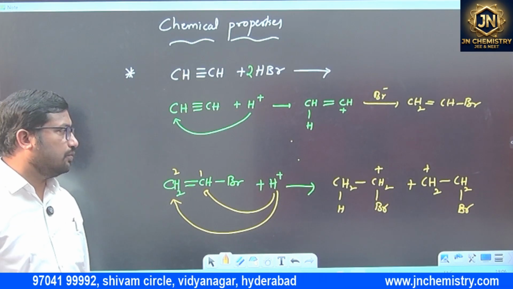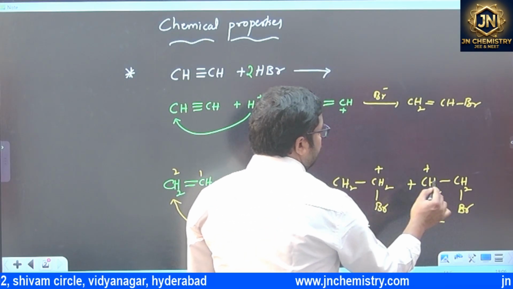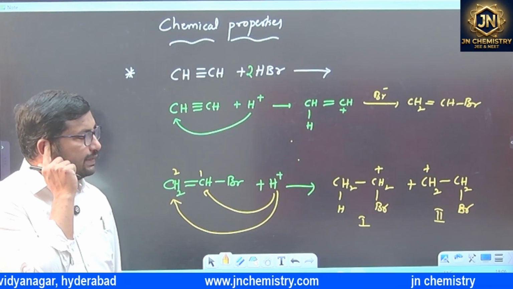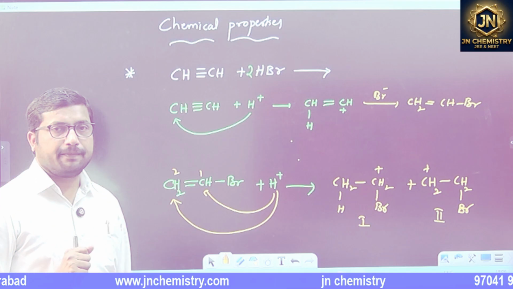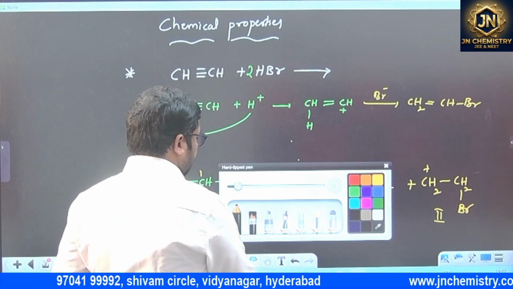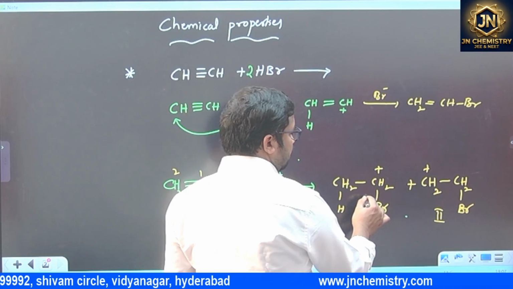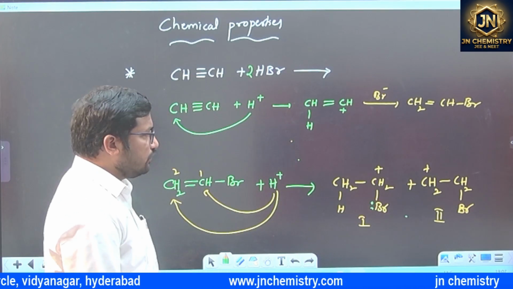This is the first one and this is the second one. Which carbocation is more stable? First one or second one? The first one is more stable, because of the heteroatom and resonance.